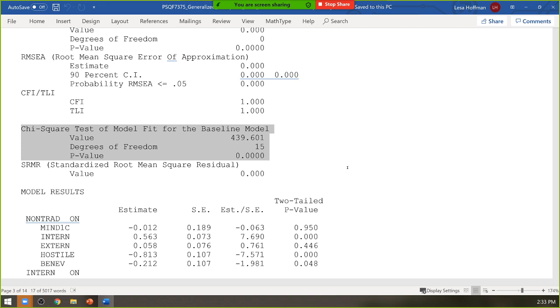This one is a comparison of the saturated to the null model. The null model says there's no covariance at all. So this is your test of whether you have anything worth modeling. It has nothing to do with your own model that you made. Yeah, the null model is the independence model. Each variable gets its own mean and variance, but there's no covariances amongst the variables in the likelihood. So yeah, ignore this. This is not helpful information.